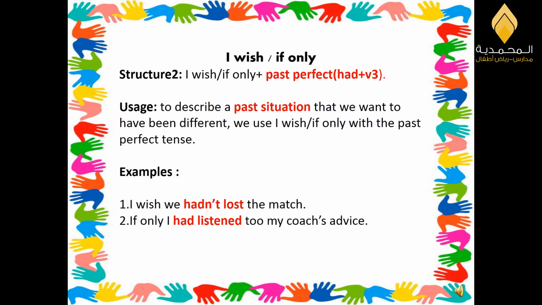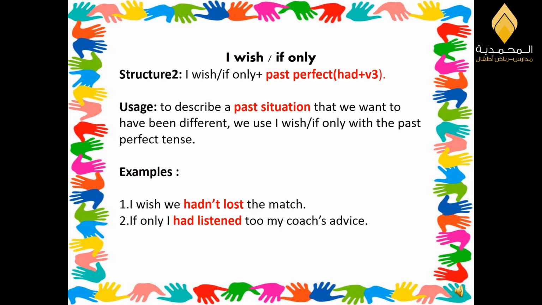Okay, now let's talk about the second structure. The second structure says that I use I wish or if only with the past perfect, had plus verb 3. When do I use this structure? When do I use past perfect with I wish or if only?